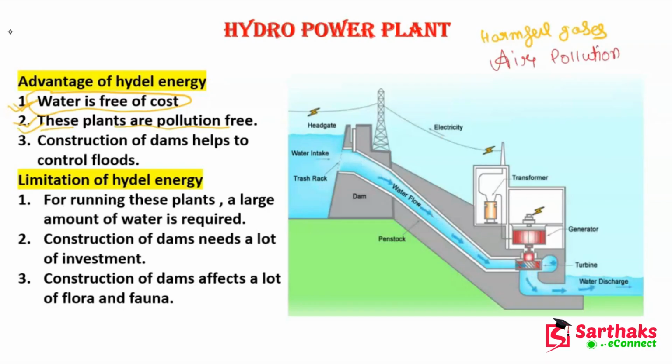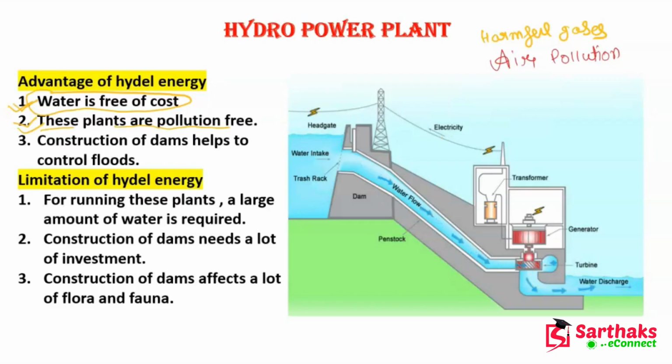Getting my point? So you can see that the drawback of the thermal power plant is corrected here. This hydropower plant is pollution free. It is not producing any harmful gases or smoke, because we are using just water here. That's why this also makes it an advantage. I hope guys this is clear to you.